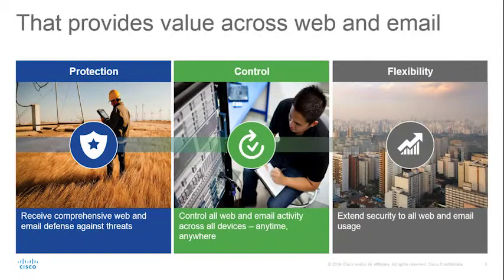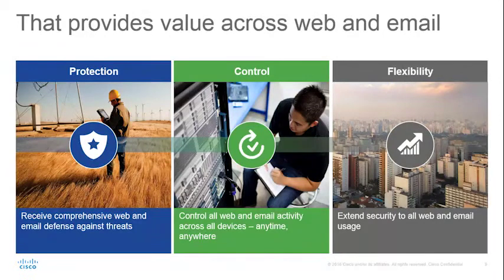Cisco's comprehensive web and email security offers increased threat protection, consistent control, and flexible solutions. It offers unmatched, comprehensive web and email protection, safeguarding every device, everywhere, all the time, all the while giving customers control and preventing data loss on all devices. Finally, web and email security can extend security to all web and email usage to deliver the flexibility customers need.